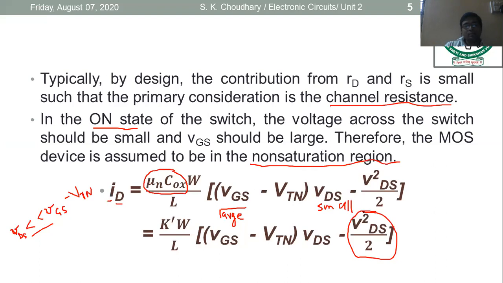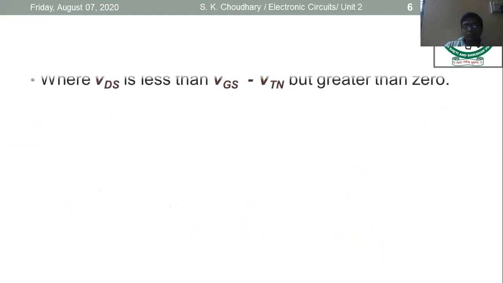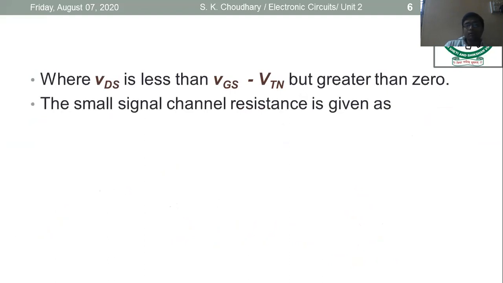Here we have defined the current formula in the non-saturation region. It is mentioned VDS is less than VGS minus VT but greater than 0. So what is the formula for the small signal channel resistance, that is R on? Can anyone tell me?